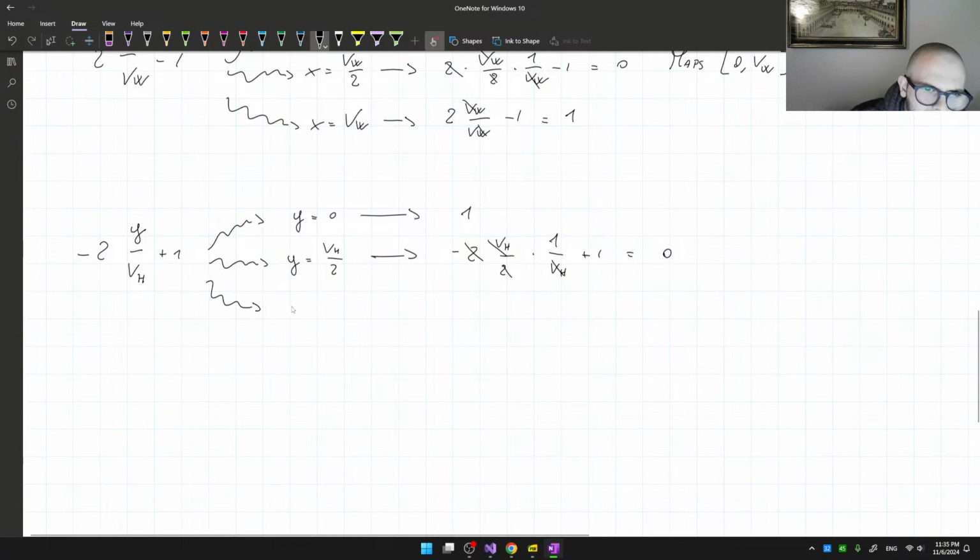When y is the view height, it will be -2 view height over view height plus 1, -2 plus 1 is -1.